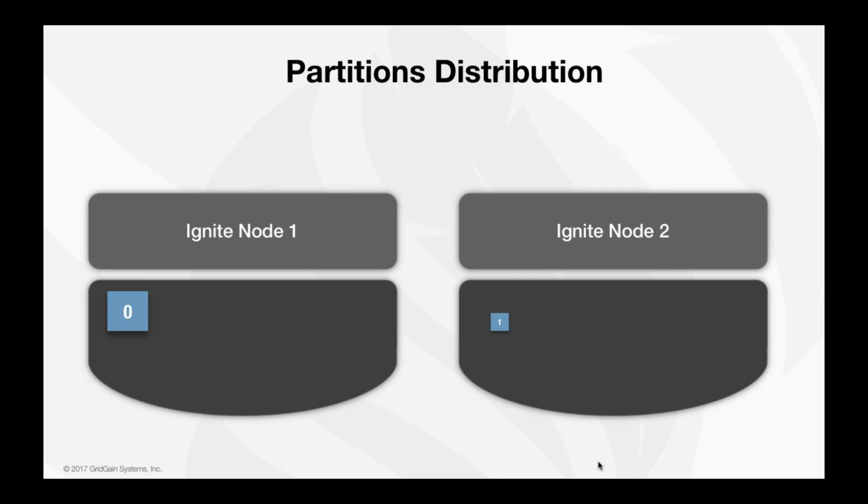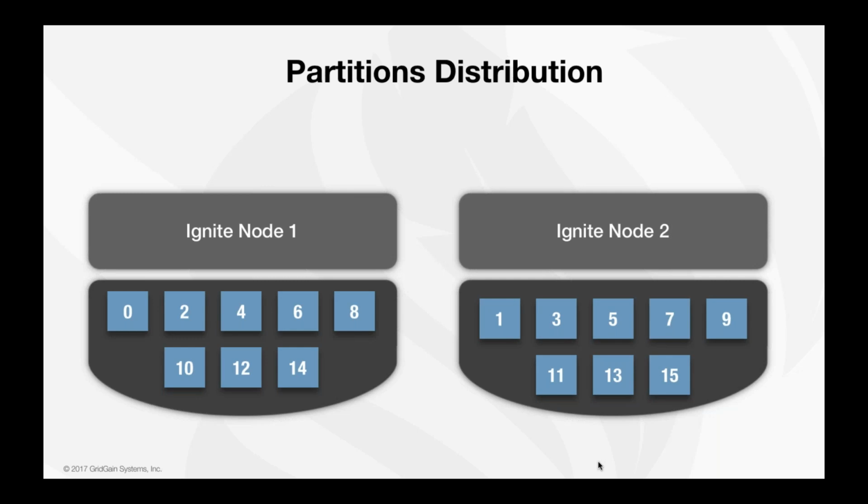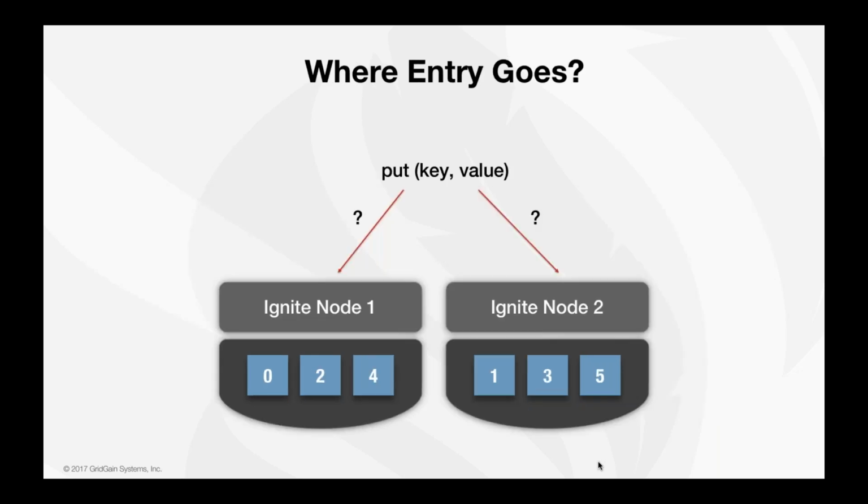So we've got partition 0 on node 1, partition 1 on node 2, and so on. We can create multiple partitions. We've actually got 16 partitions here, from 0 to 15, and we've distributed them evenly across these two Ignite nodes.